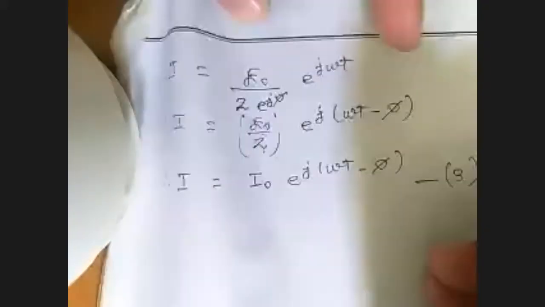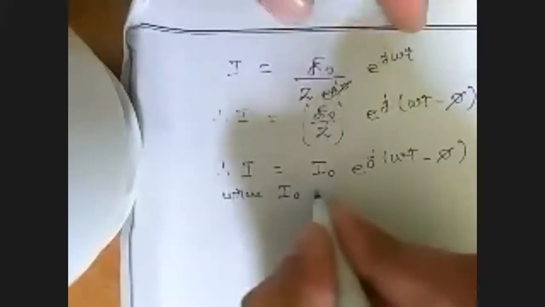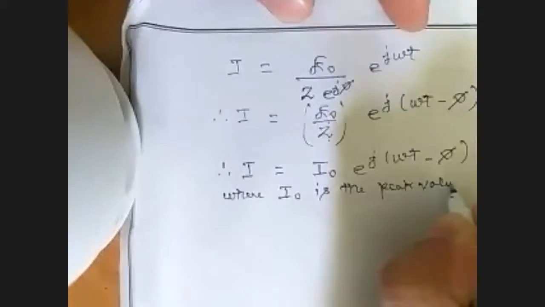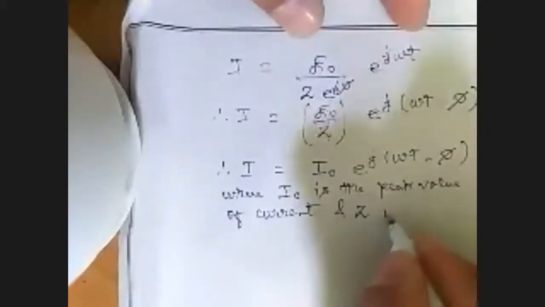This is my equation number 3, right? Where I0 is the peak value of current and Z is the impedance of the circuit.